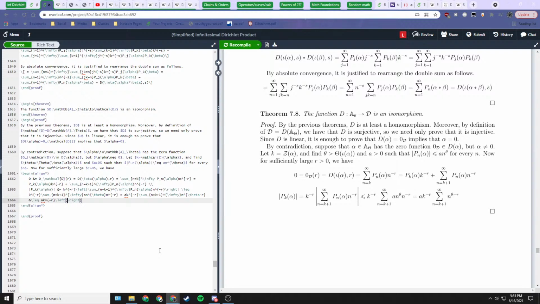To bound this, we can take the lowest term, n power theta minus r, where n is k plus 1, and then add the integral from k plus 1 to infinity of x power theta minus r dx.